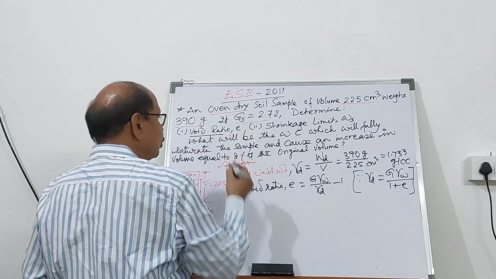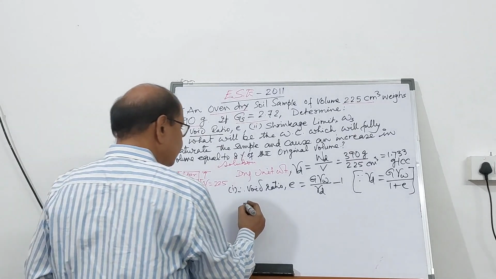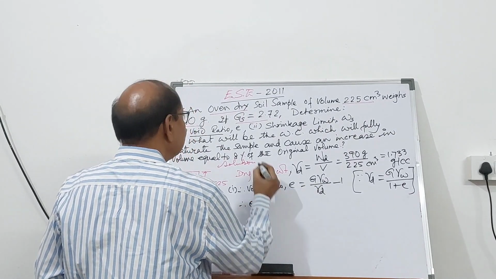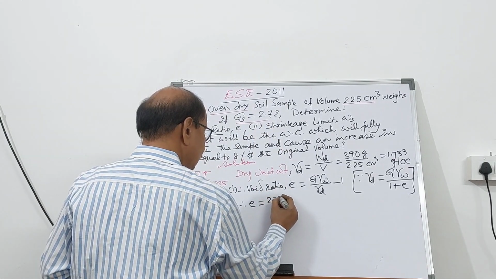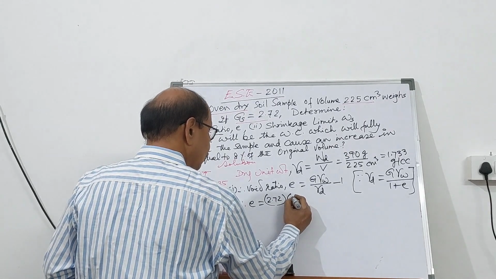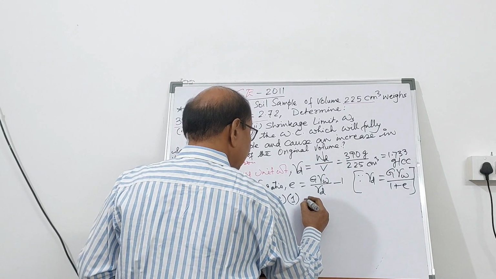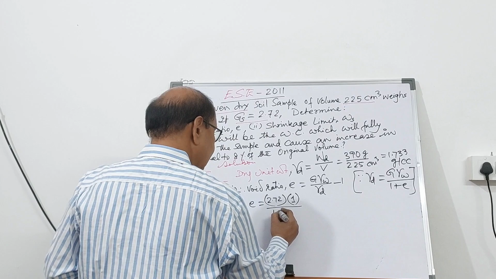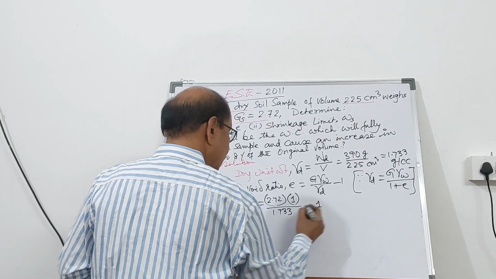So this void ratio, first part of this problem, therefore e equals, G is already given to us, 2.72, multiplied by 1 gram per cc, unit weight of water, divided by 1.733, dry unit weight, minus 1.